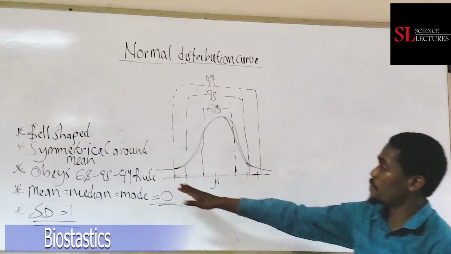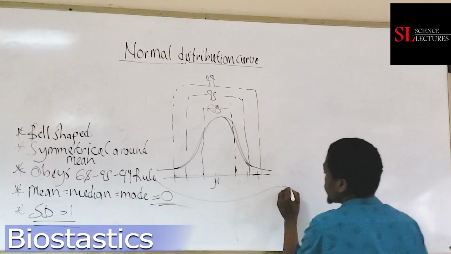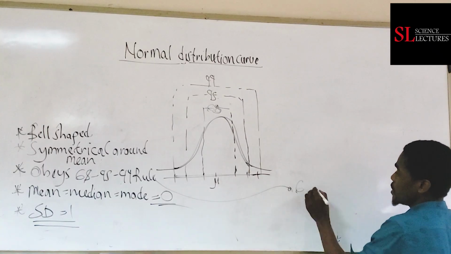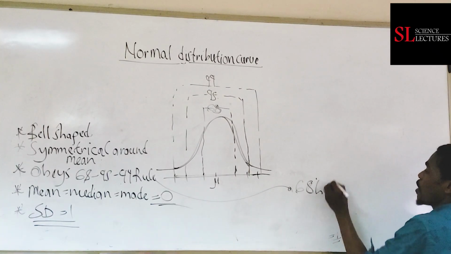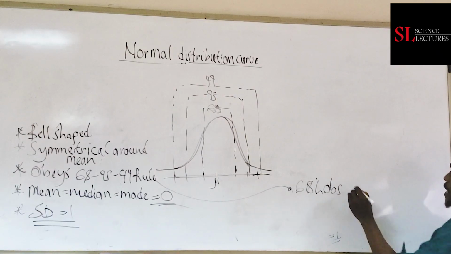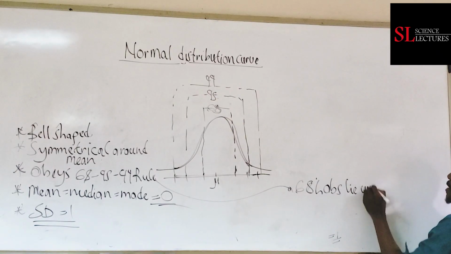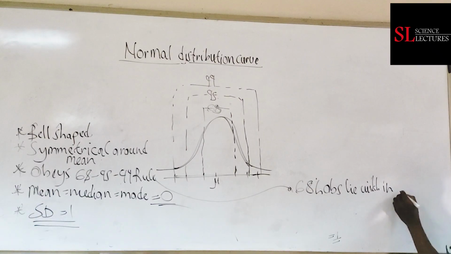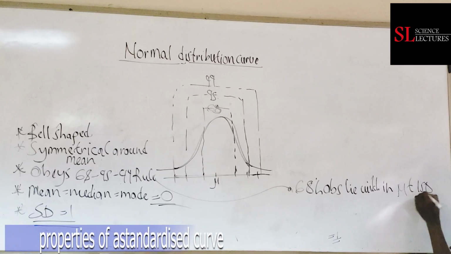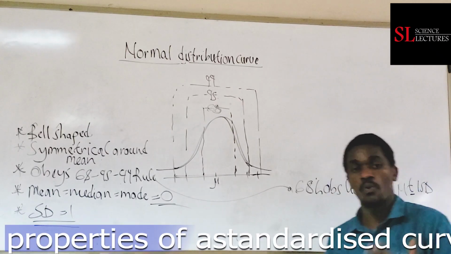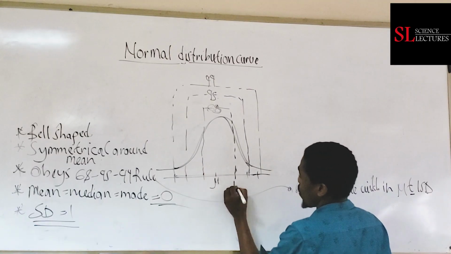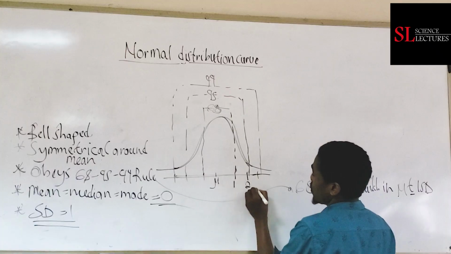So if we are to explain the rule further, the 68 means 68% of the objects lie within the mean, the mu, plus or minus 1 SD. Because on the positive side, here we have a 1, here we have a 2, here we have a 3.